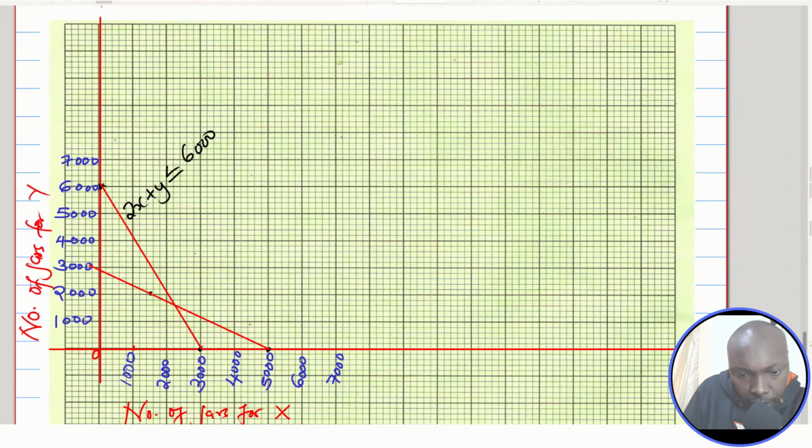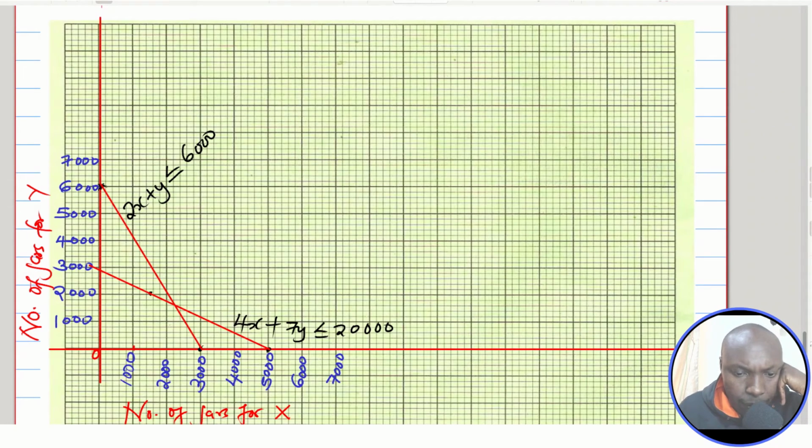Then we have the other one, which is 4x plus 7y less than or equal to 20,000. Both lines are supposed to be continuous, since both are less than or equal to. So any point on those lines is also important, and it is not supposed to be ignored.